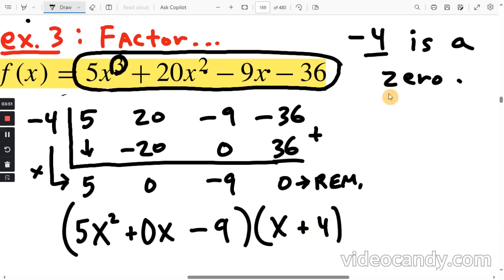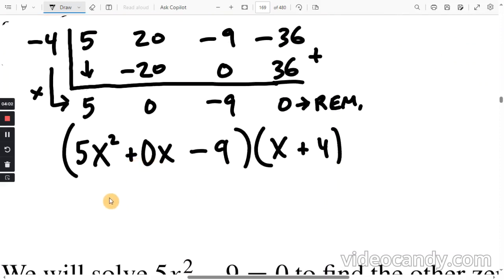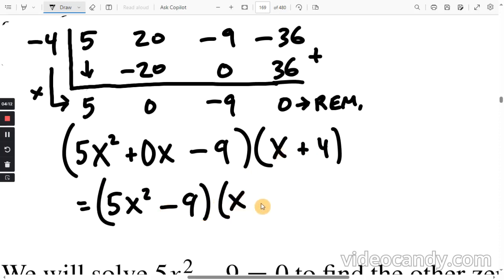Why is it +4? Because -4 is a 0. If you set this equal to 0, x is going to be -4. All right, and rewriting, you don't need a 0x, so this is going to be 5x squared - 9, and this is just x plus 4.